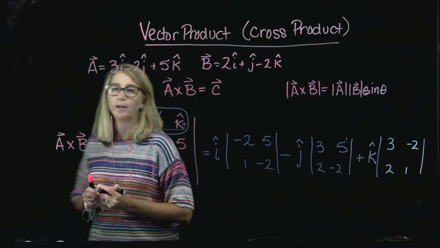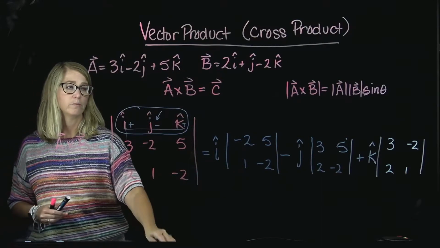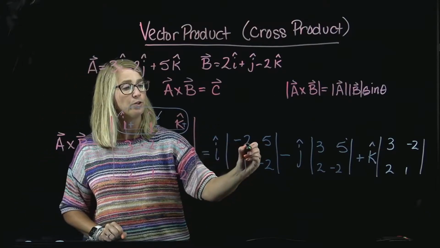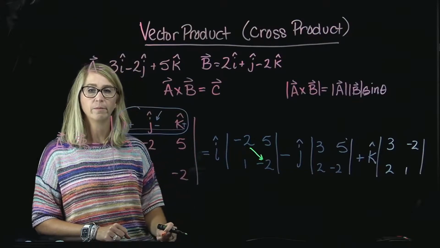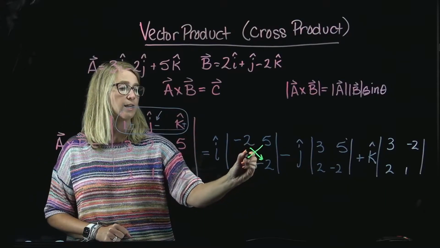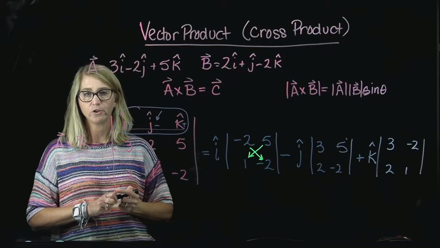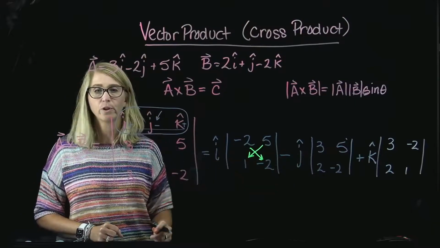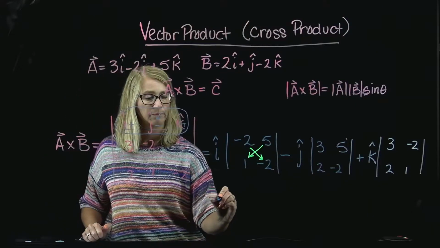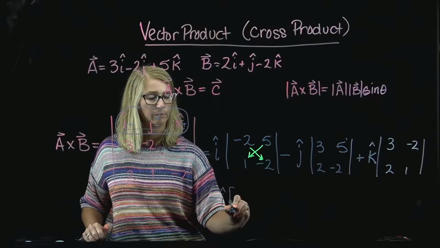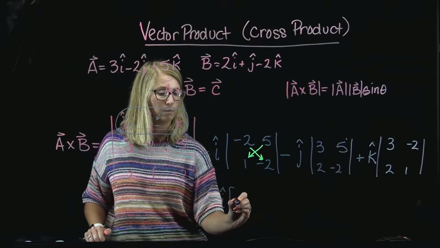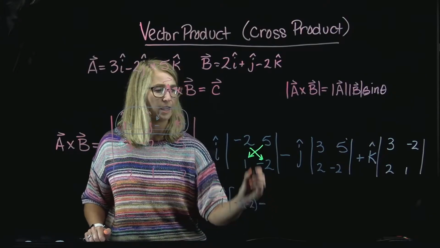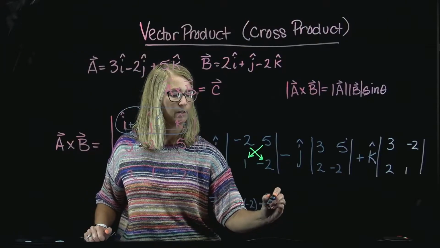Now, I don't know if you remember, but when you find the determinant of a 2 by 2 matrix, you take these 2 numbers and multiply them by each other, and then you subtract these 2 numbers multiplied by each other. So let's see what we get as we do that, moving across with all 3 of these matrices. I get -2 times -2, then subtract 5 times 1.